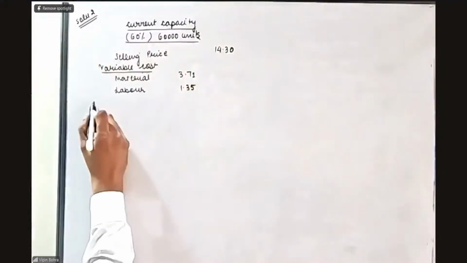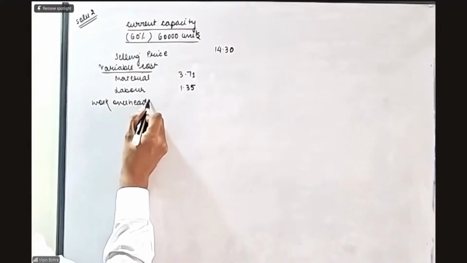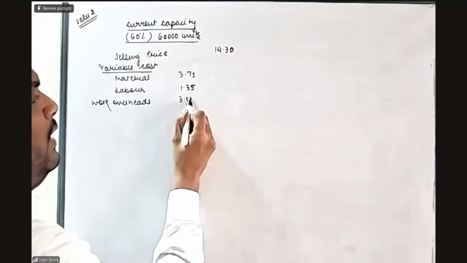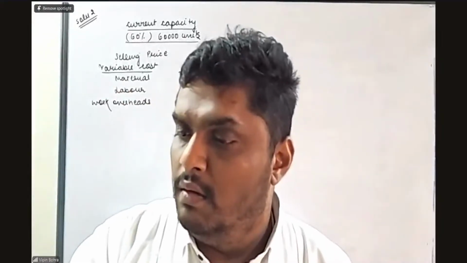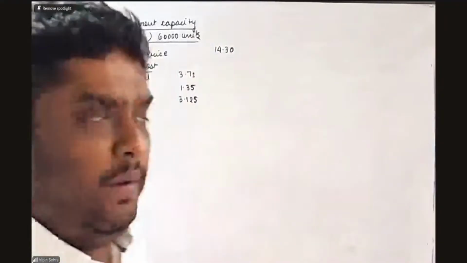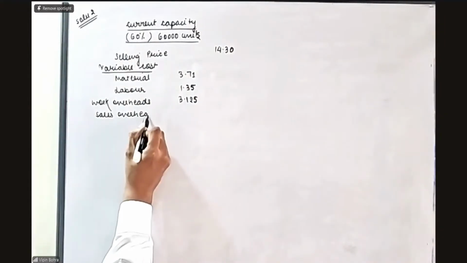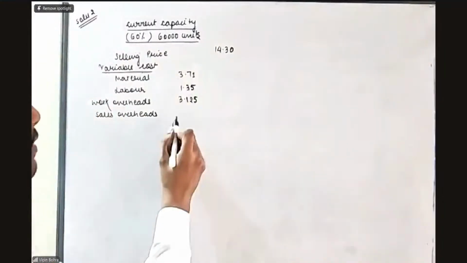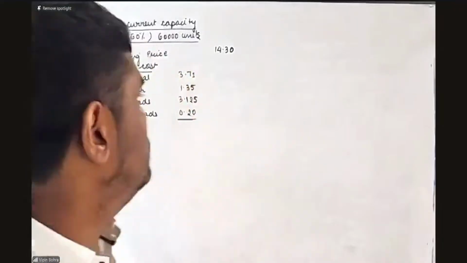When talking about works overhead, 50% is fixed and 50% is variable. So this will be 3.125. Next is sales overhead. It is 80 paisa and 25% is variable, so this will be 20 paisa. So my total variable cost will be how much?